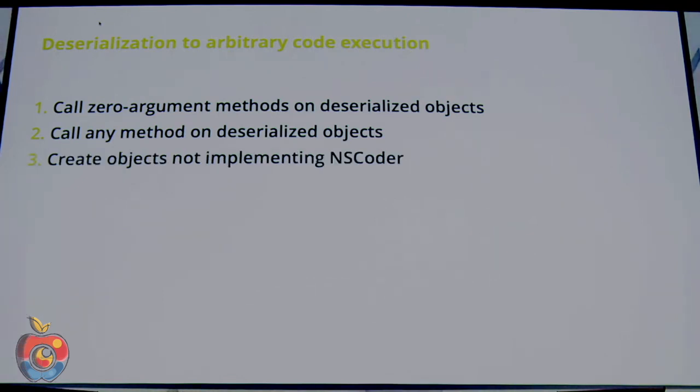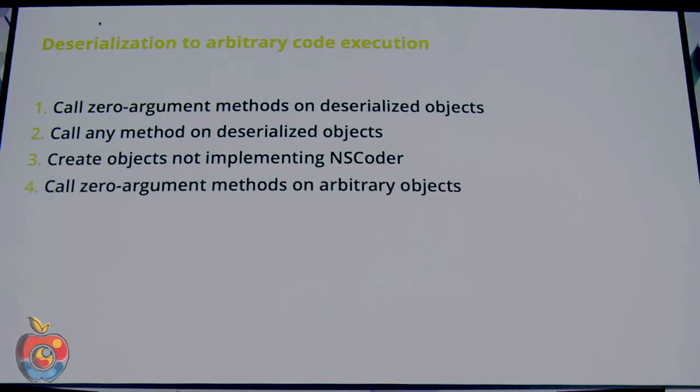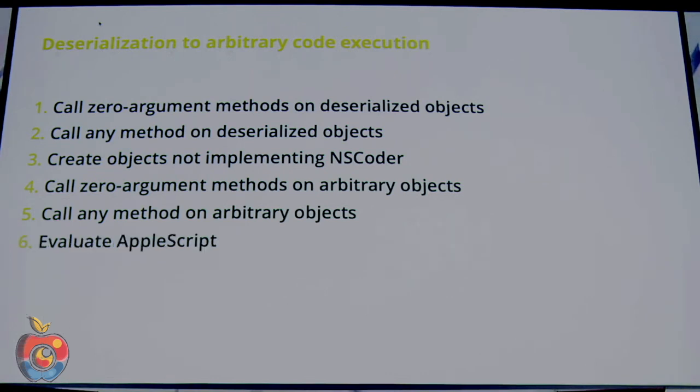I could use this redacted vulnerability to create arbitrary objects, so not just deserializable objects, but any object. Then I used a similar trick to call zero-argument methods on those objects, and to call arbitrary methods with another redacted part. And at that point, I can basically execute AppleScript.